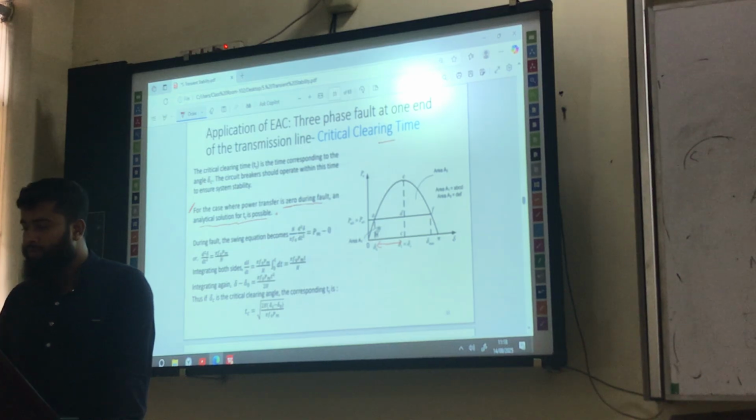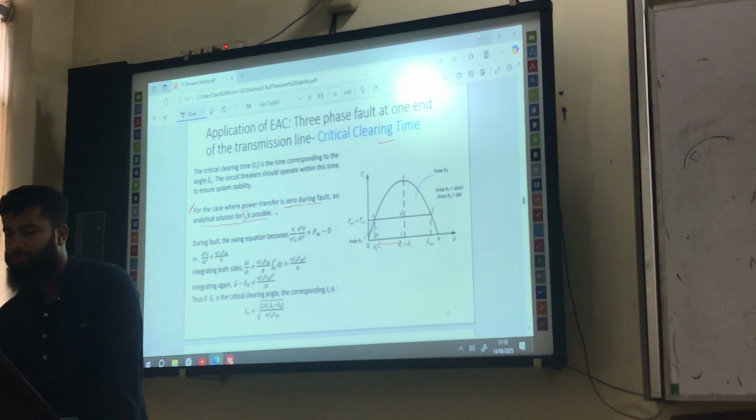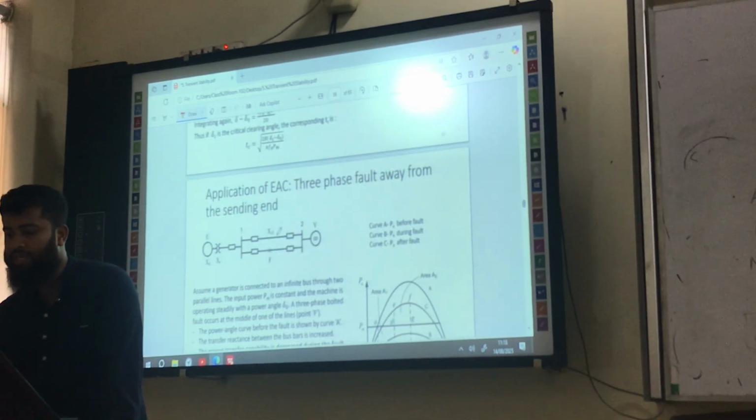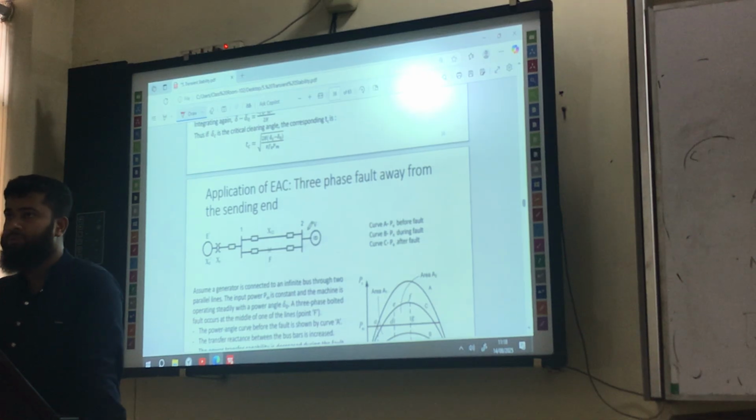If the power is non-zero during the fault, we cannot calculate TC analytically. Why? That will be discussed in the next case, because in the next case we will discuss another type of fault occurring at the middle of the transmission line. There we will see that the power transmitted to the infinite bus during the fault is not completely zero. There is some non-zero value.